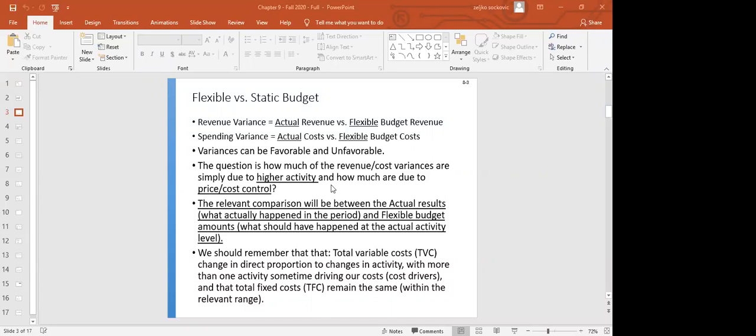So when we are comparing actual results, we are not comparing actual results to the planning budget. We are comparing actual results to the flexible budget.